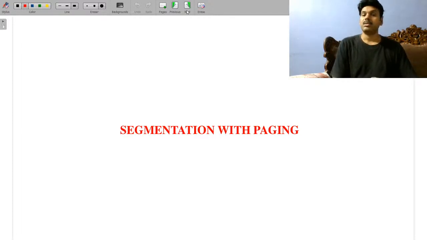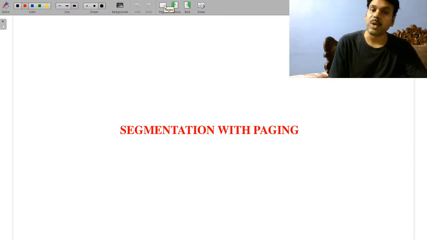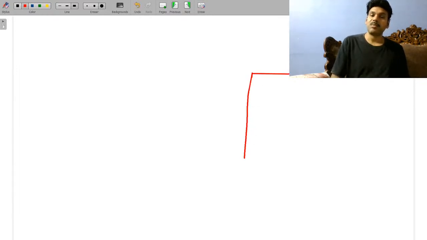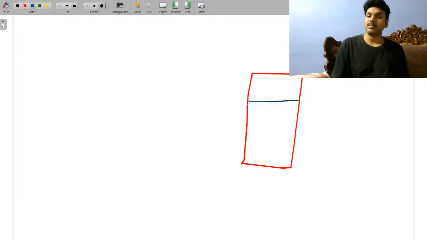Now, the other one is segmentation with paging. Now friends, I want to give an example here. Before going into segmentation with paging, please understand. Say this is your memory, which consists of some programs.